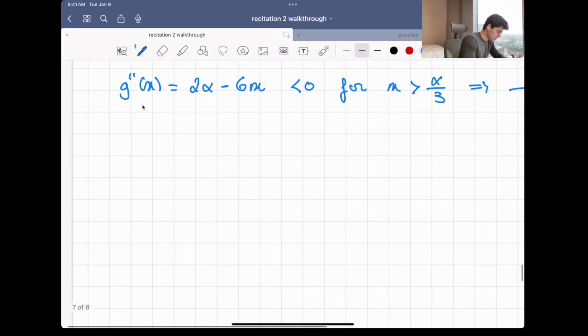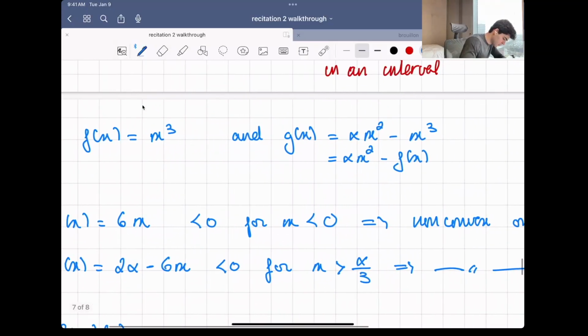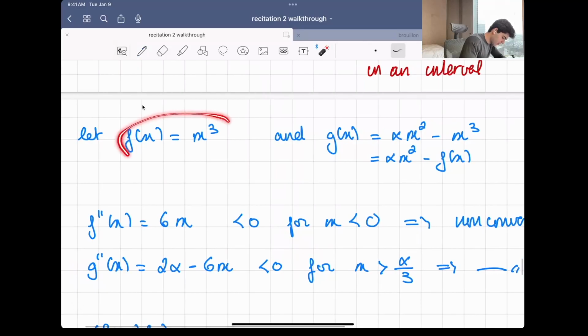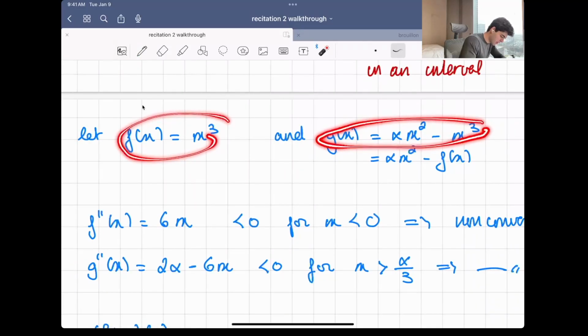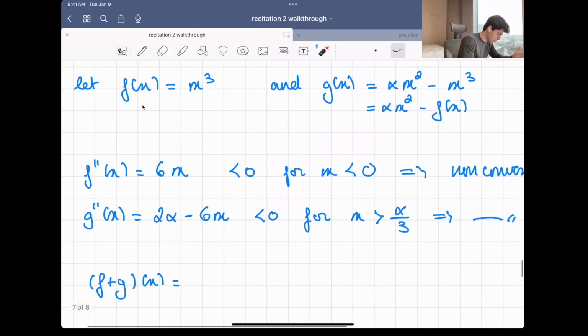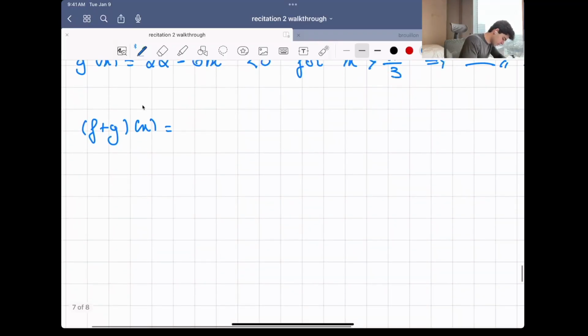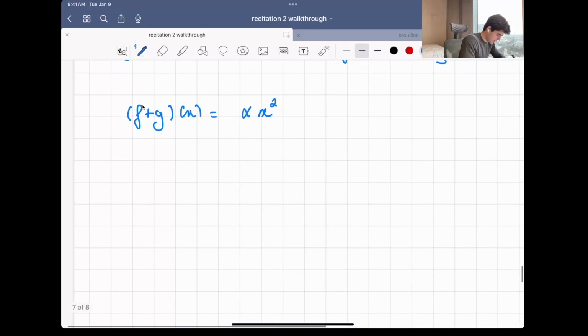Now, let's add them up. So f plus g of x is equal to, well, we're going to add this guy, and then this guy is going to cancel. We're going to be left with this guy. This is the whole point of defining the functions this way. So this is equal to alpha x squared.